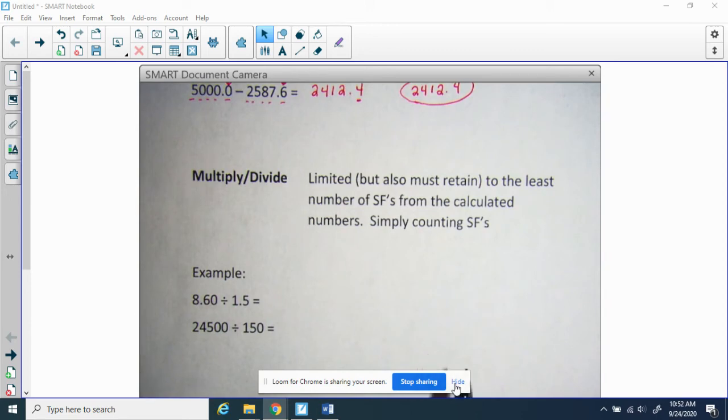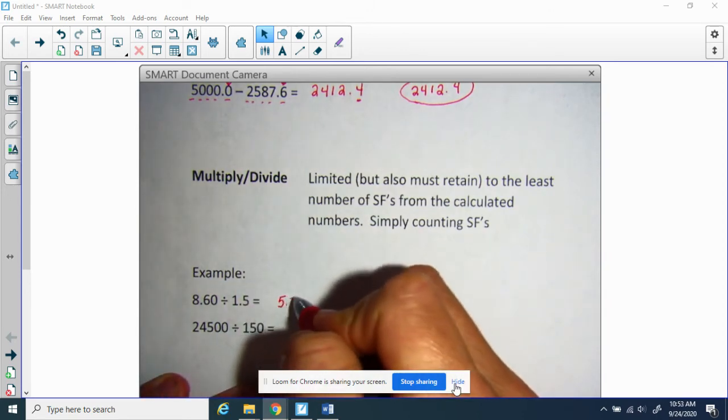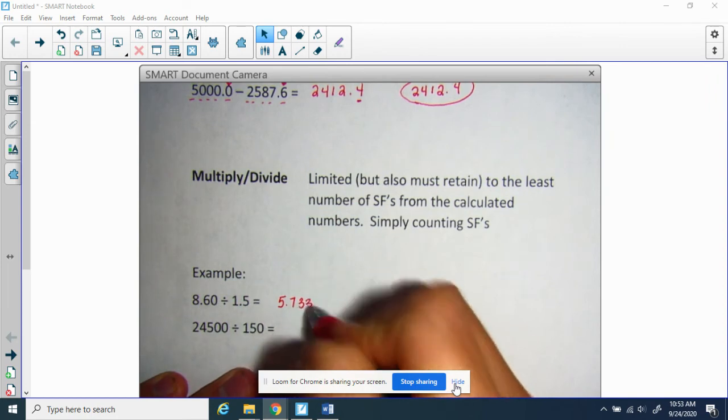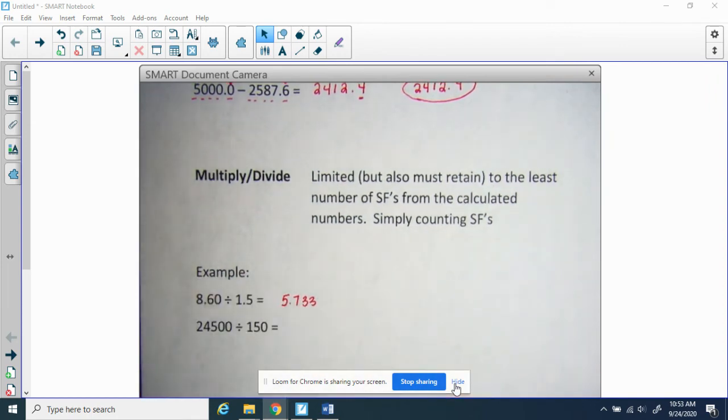So if we take 8.6 divided by 1.5, we're going to get 5.73, and the 3 is going to continue to repeat. Okay, so it's actually going to be 3, 3, 3, 3, and go on. I'm just going to write a couple of them down there at this point. Looking at my rules, what it says to do then is we're going to count the sig figs.